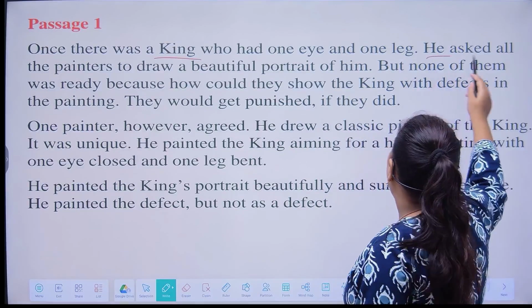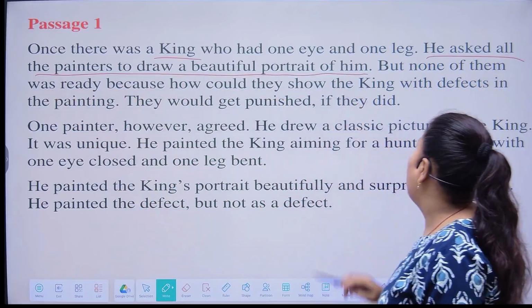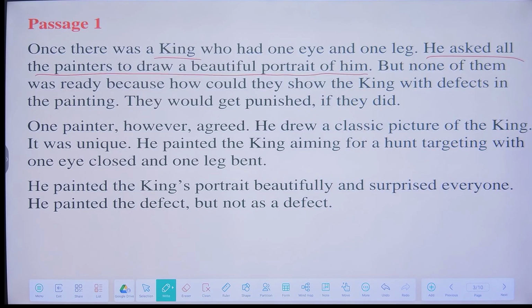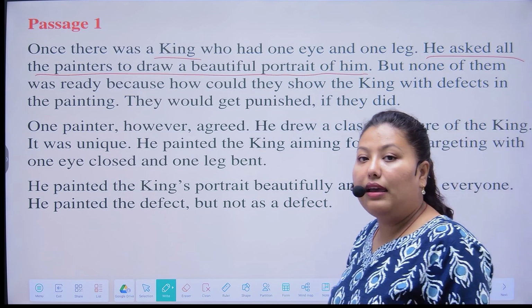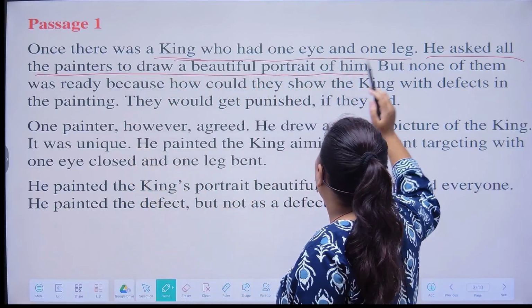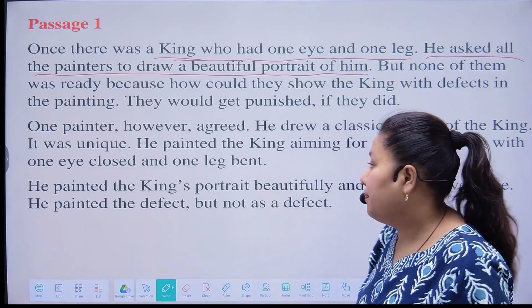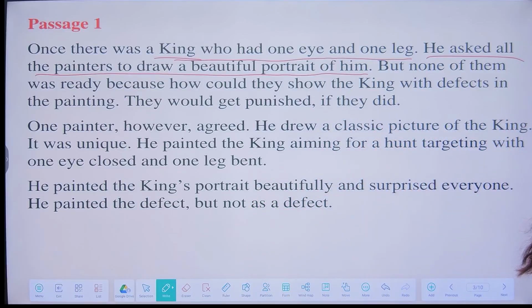He asked all the painters to draw a beautiful portrait of him. Next, what physical disabilities did the king have? The king has only one eye and one leg. So these are the disabilities of the king.